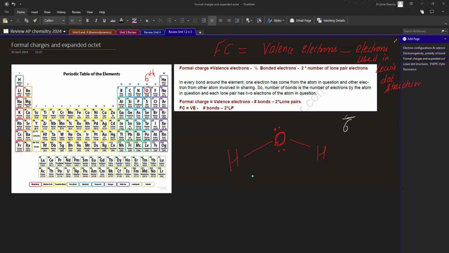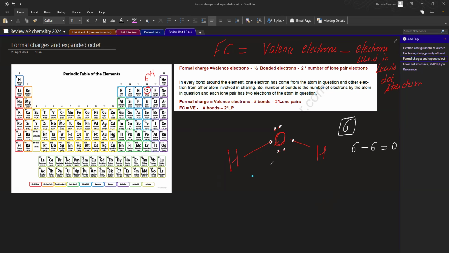So oxygen is giving its 6 valence electrons for bonding. Now out of 6, how many are there as lone pairs? 4. And for every bond, oxygen is giving 1. So out of 6, how many are used? 6. So what's the formal charge? 0.